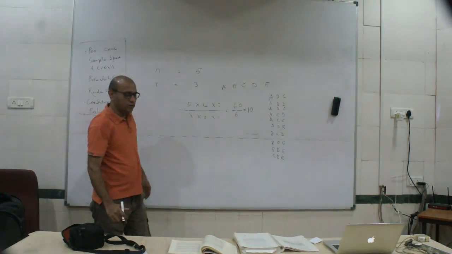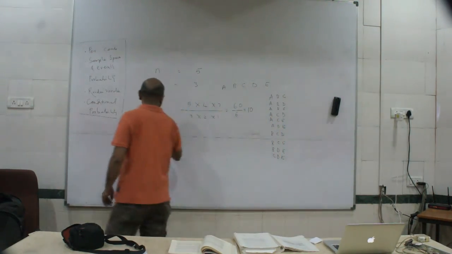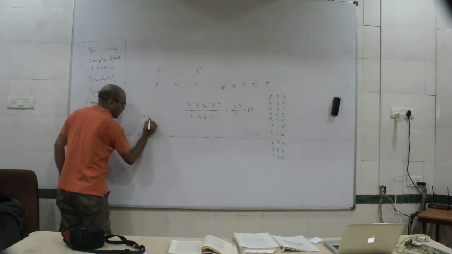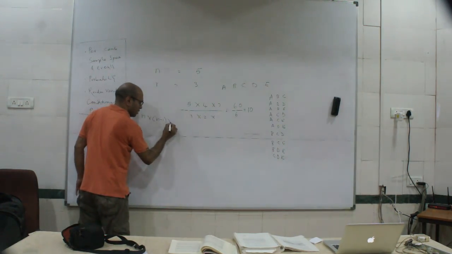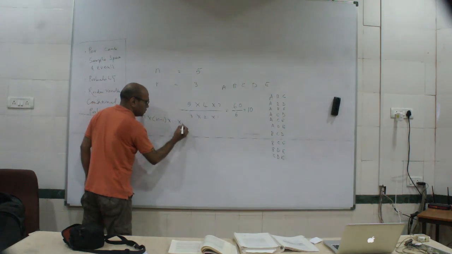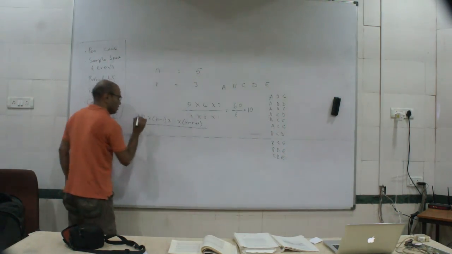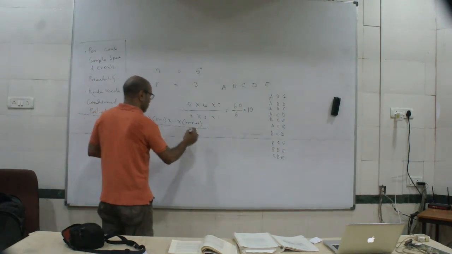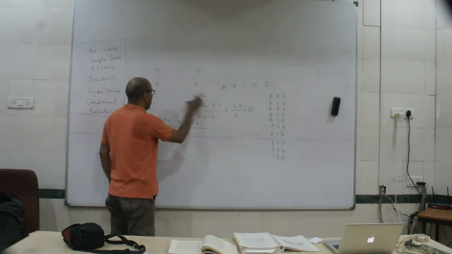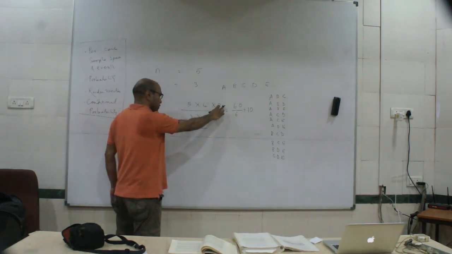Now, how do I express this? This is n into n minus 1, up to n minus r plus 1. Here r is 3, n minus r is 5 minus 3, which is 2, plus 1 is 3.